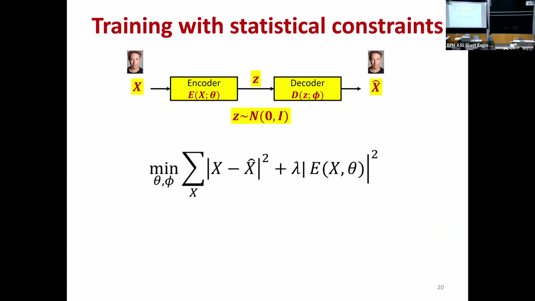And so I can add that to my reconstruction loss. I add the second term, which is lambda times the encoder applied on x, whole squared. Would this work?